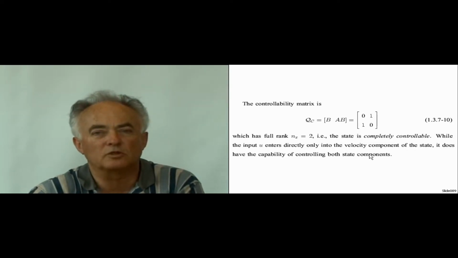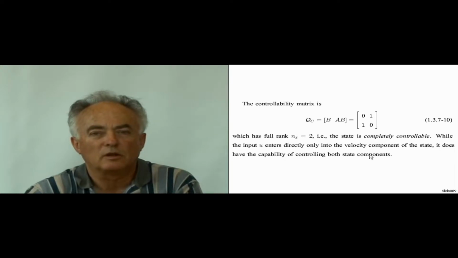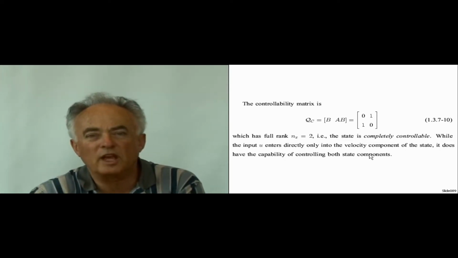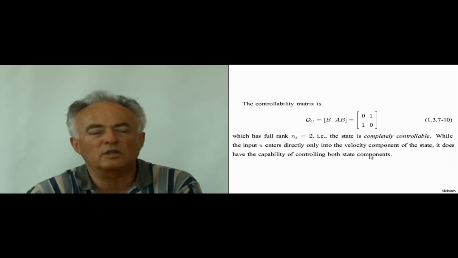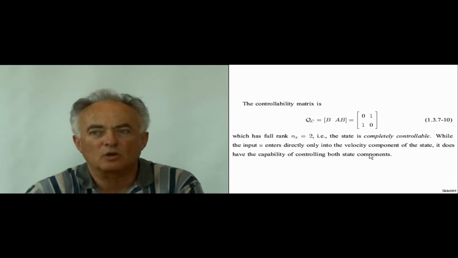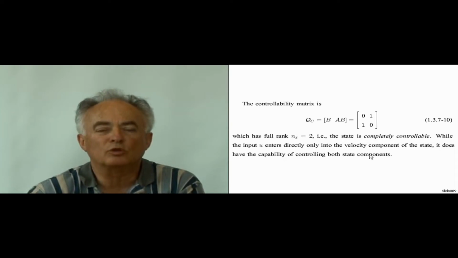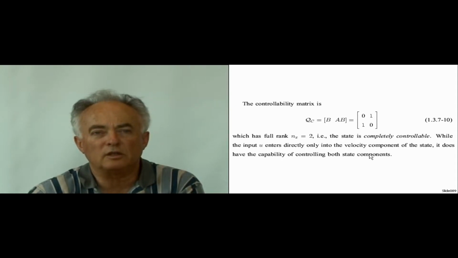That's very important. So it is not required that the input enter directly into each state, but indirectly via the dynamic systems equation, it should be able to control the state exactly and bring it to any desired final point in the state space.